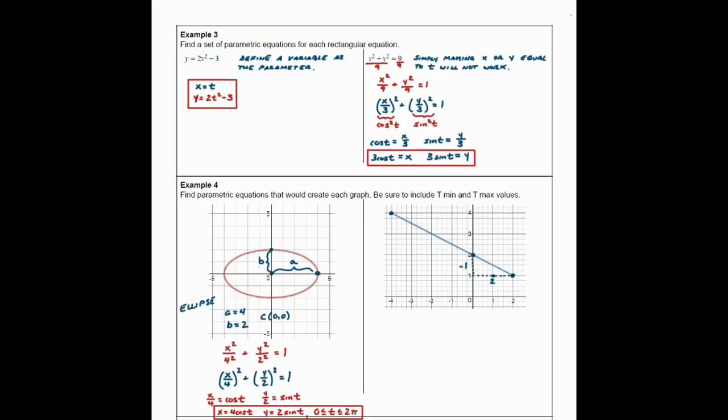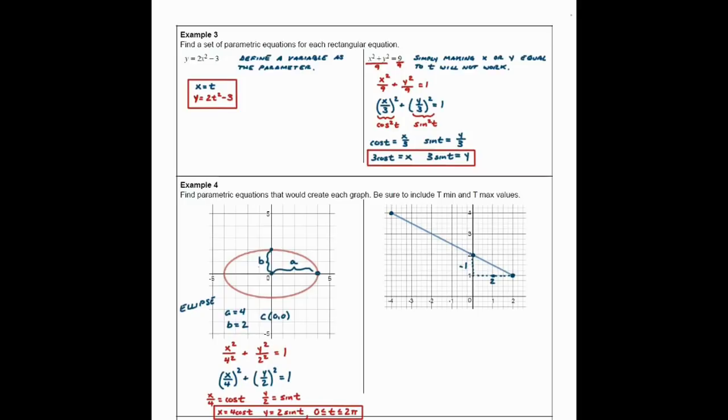A little bit later we'll look at an example where we put these parametric equations in our calculator and verify a shape like this. So the t min and t max in this case would be 0 to 2 pi, because that would represent a full period of cosine and sine in this ellipse graph.